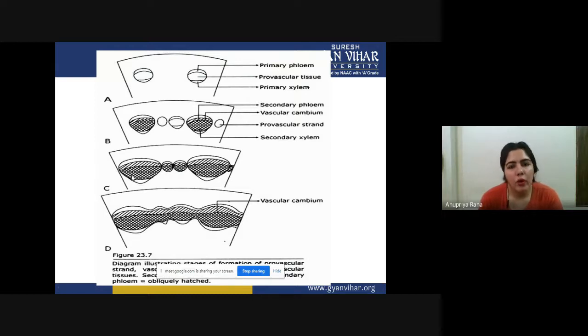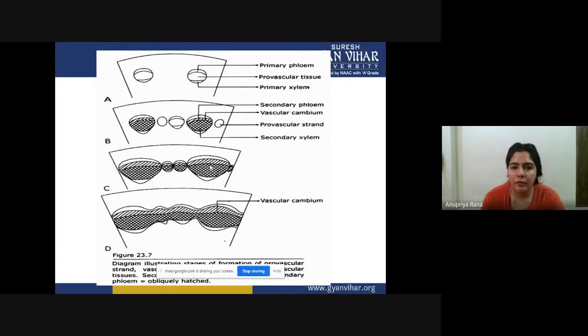So if we want them to form a proper ring, we need them to be aligned and present together. For their presence together, we need an intermediate, that is the interfascicular cambium, and we need extension of these fascicular cambia. So two things will be present here to form the ring formation.